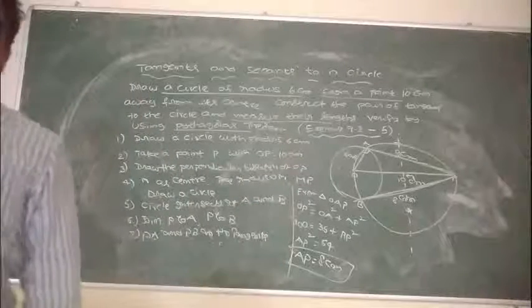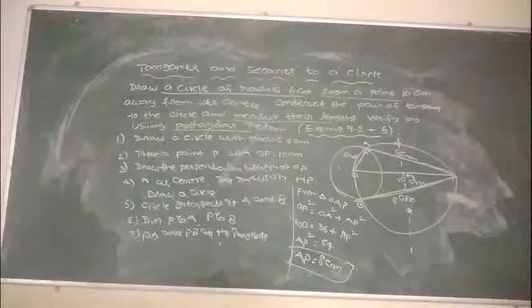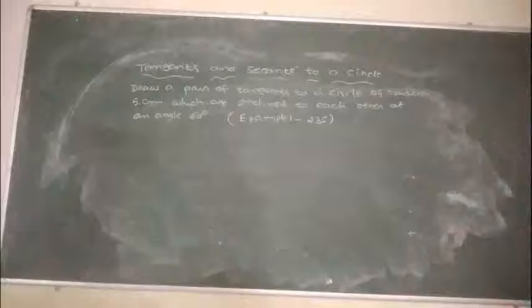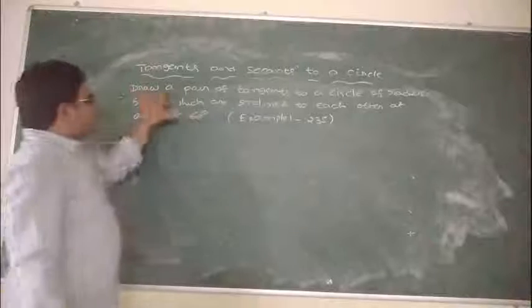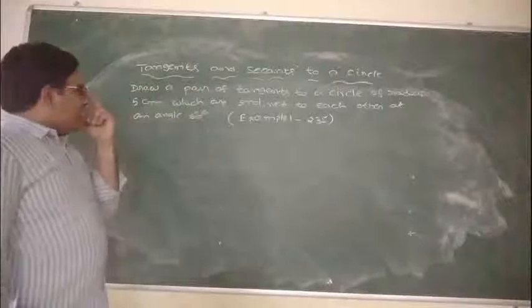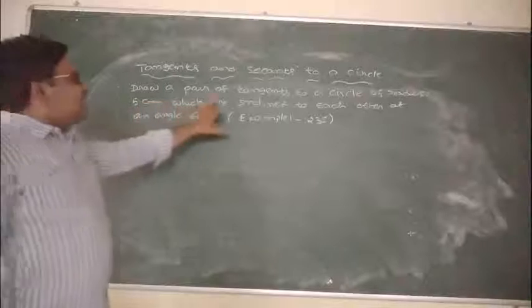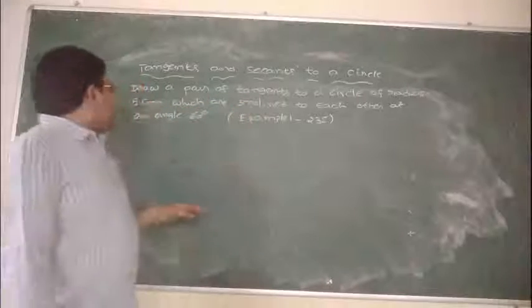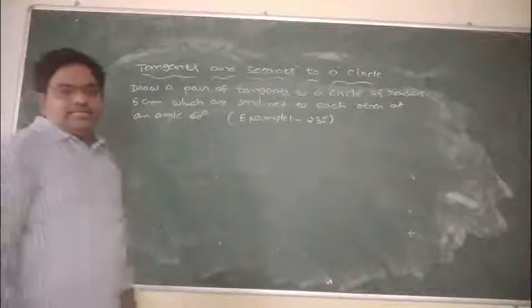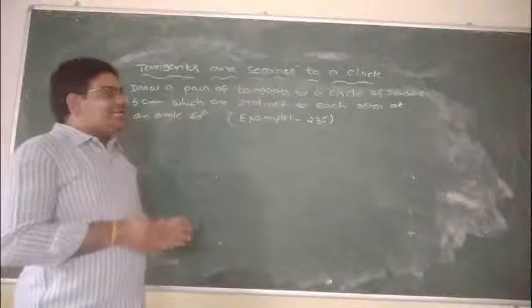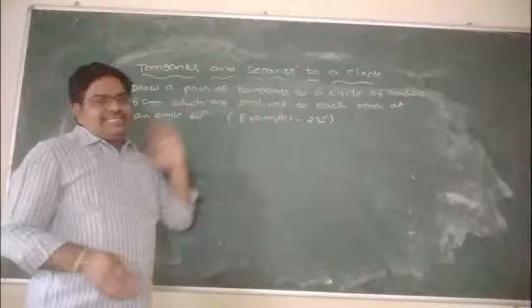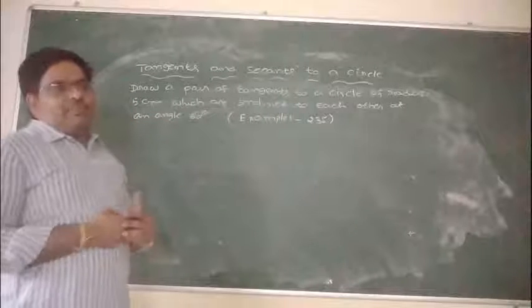Okay. Now go with one more concept. Now observe this problem also. Draw a pair of tangents to a circle of radius 5 centimeters which are inclined to each other at an angle of 60 degrees. This is a construction of tangents question only, but the distance from the center to the external point is not given.